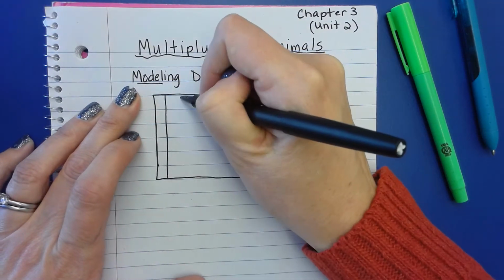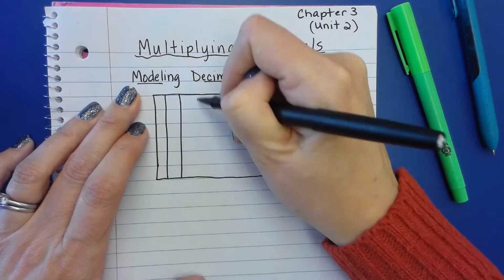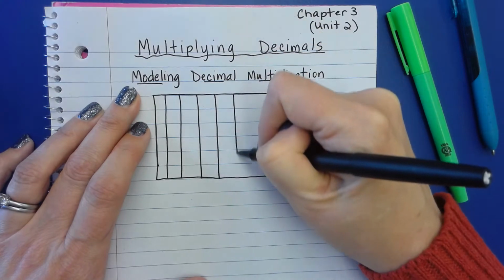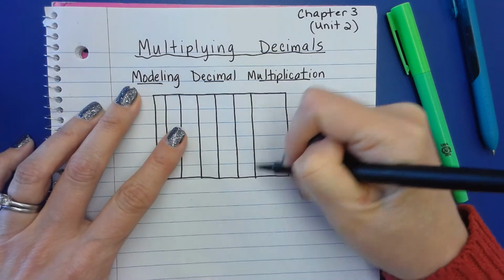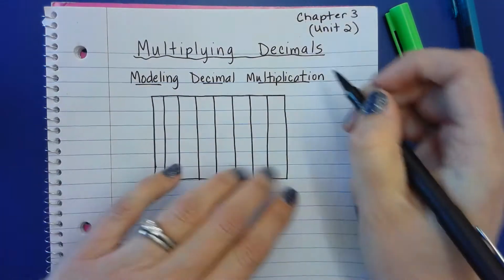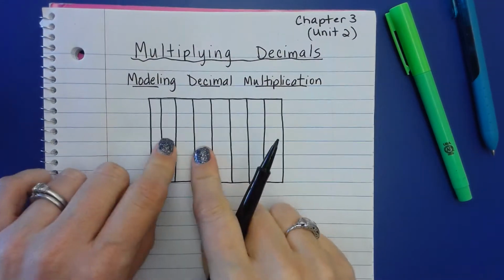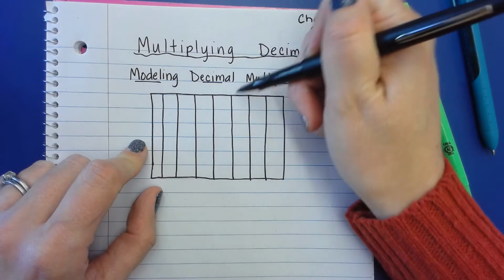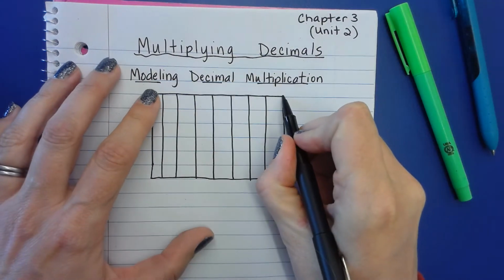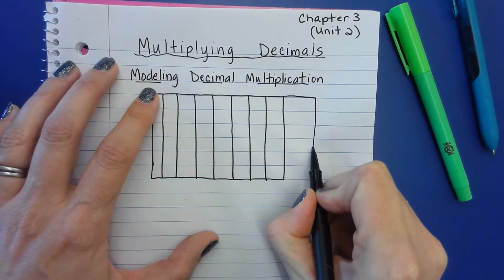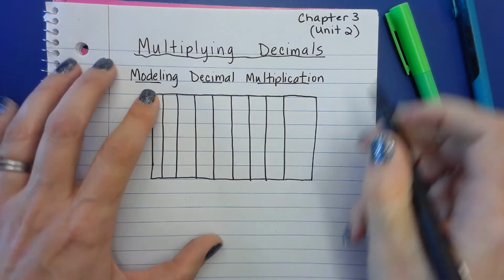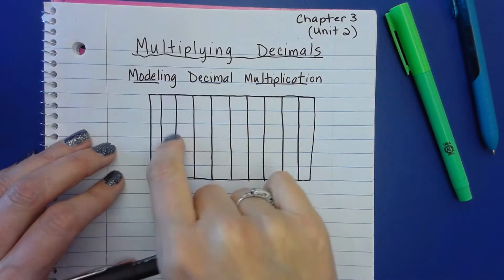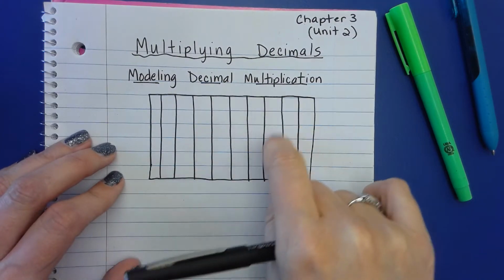So 1, 2, 3, 4, 5, 6, 7. Oops, that's not enough, right? And I'm trying to make them even, so pretend that's even. 1, 2, 3, 4, 5, 6, 7, 8. Make it a little bit wider. There we go. 1, 2, 3, 4, 5, 6, 7, 8, 9, 10.